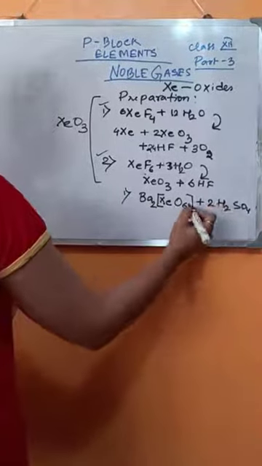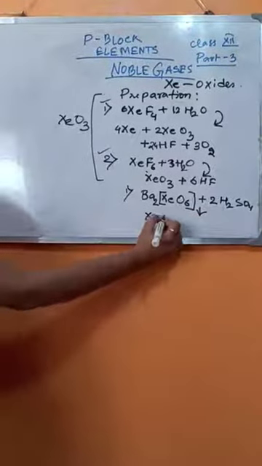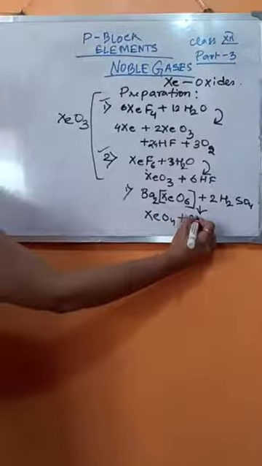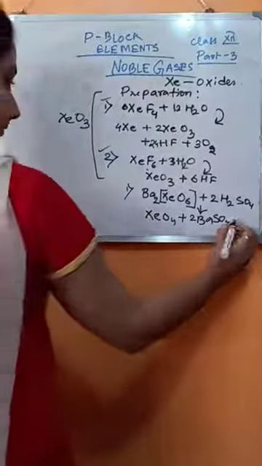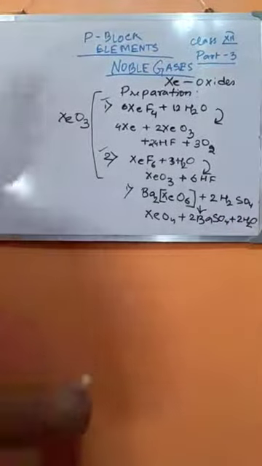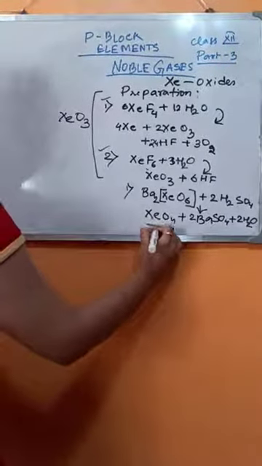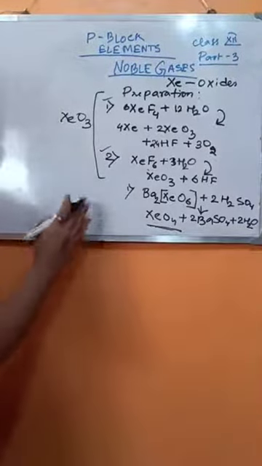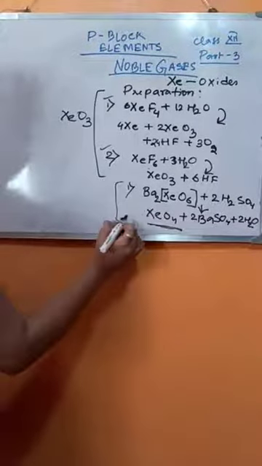This will react with anhydrous H2SO4 to form XeO4 plus barium sulfate, and along with that water. This is how xenon tetroxide is obtained. These are the preparations of xenon trioxide and xenon tetroxide.